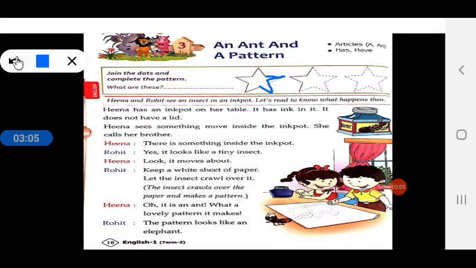Let me, it won't be nice. Next is, you can join the dots slowly, no problem. Then the next one, sorry. Then the last one.